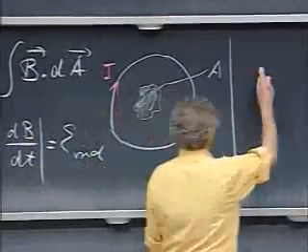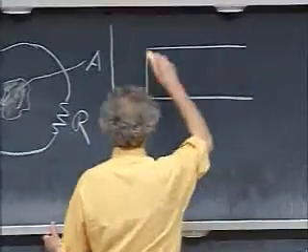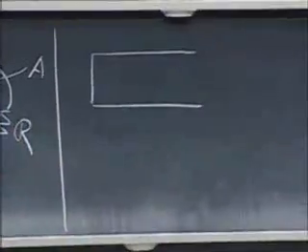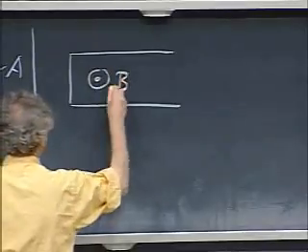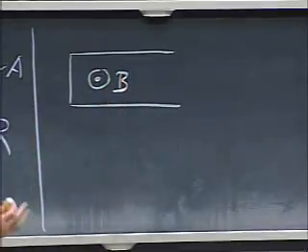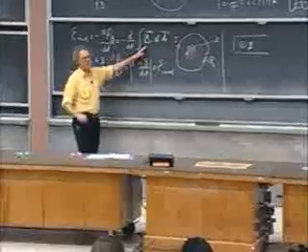Now we'll have a case whereby the magnetic field, say, is constant. We have here a conducting wire, and we have a magnetic field, for instance, coming out of the blackboard, uniform. Uniform is always nice when we do integration. To get this flux, it's always nice to have B uniform.